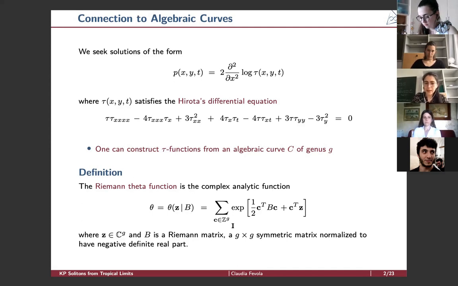One can then construct a quadratic form from this matrix and the vector, and a linear form by multiplying the vector c with z, where the sum is over all g-dimensional integer lattice points. So this theta function is an infinite sum of exponentials.